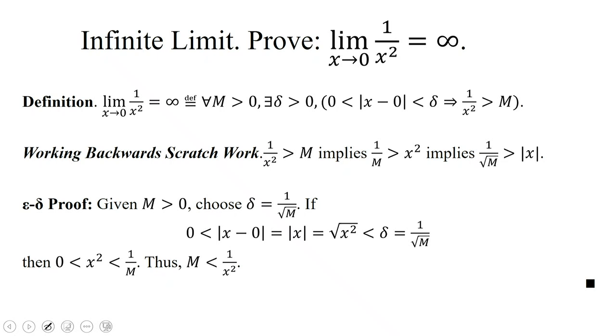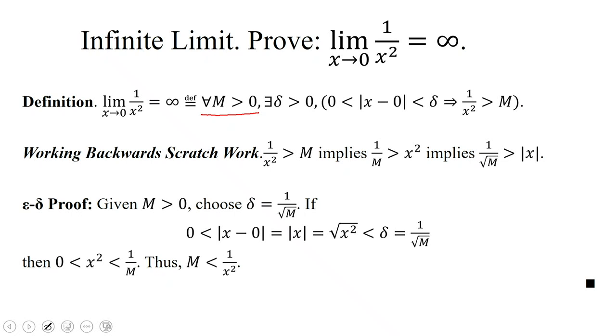And the definition is that the limit of 1 over x squared is infinite if and only if, and now here, this is somewhat similar to the definitions that we had when we were talking about sequences, because you remember sequences were diverging to infinity. Well, this is a function that's diverging to infinity.